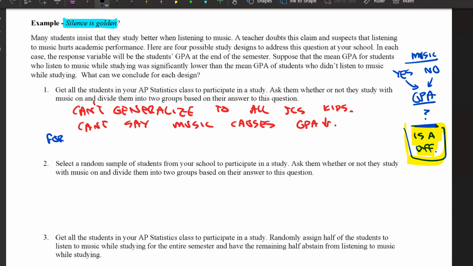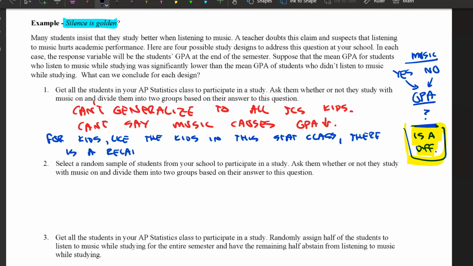For kids like the kids in this stat class, there is a relation between music and lower grades. I should actually just say grades or GPA.